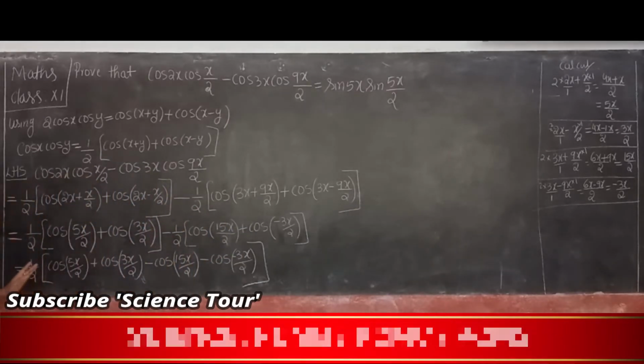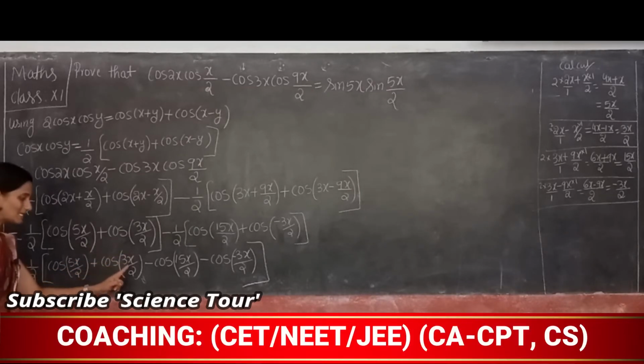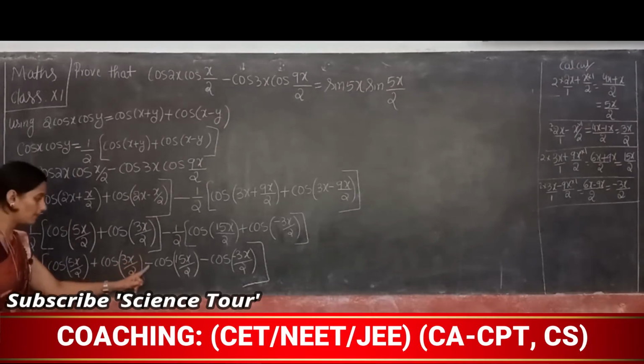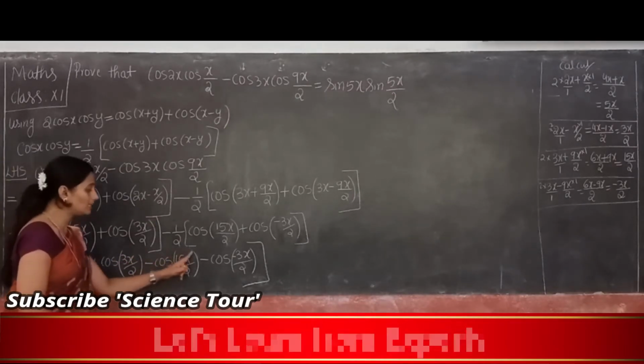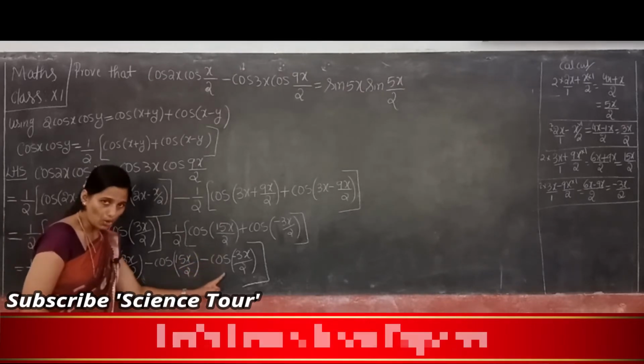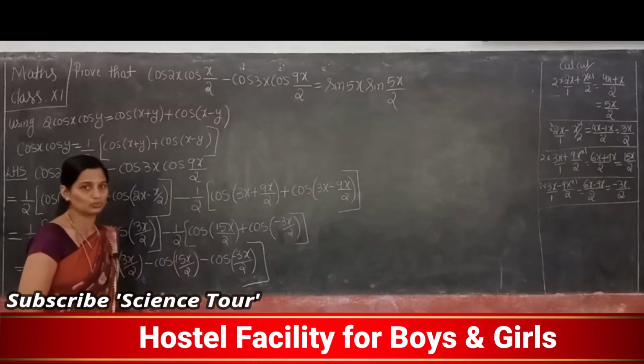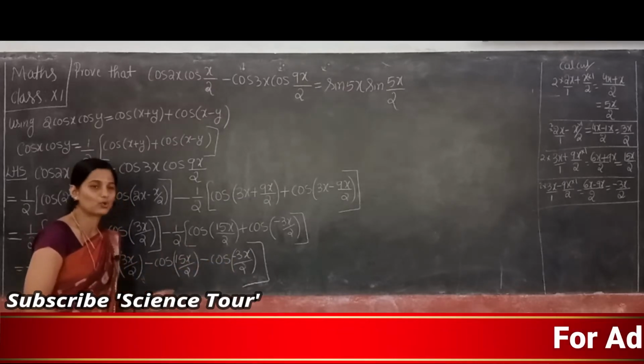Now see, once we read this: cos 5x divided by 2 plus cos 3x divided by 2 minus cos 15x divided by 2 minus cos minus 3x divided by 2. So this last term is what?